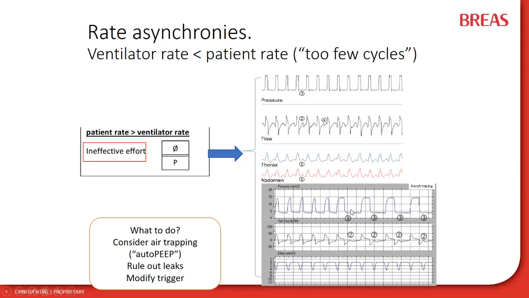If we look at the simulation, you can see that this effort does not correspond with a ventilator cycle, but in the flow waveform you can see these small wavelets here, here, and here. This corresponds to the effort of the patient or simulator, but without a cycle in the ventilator.